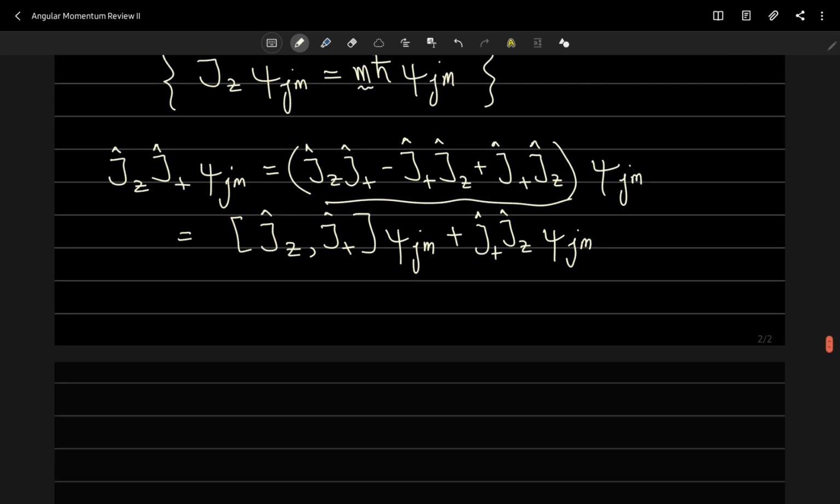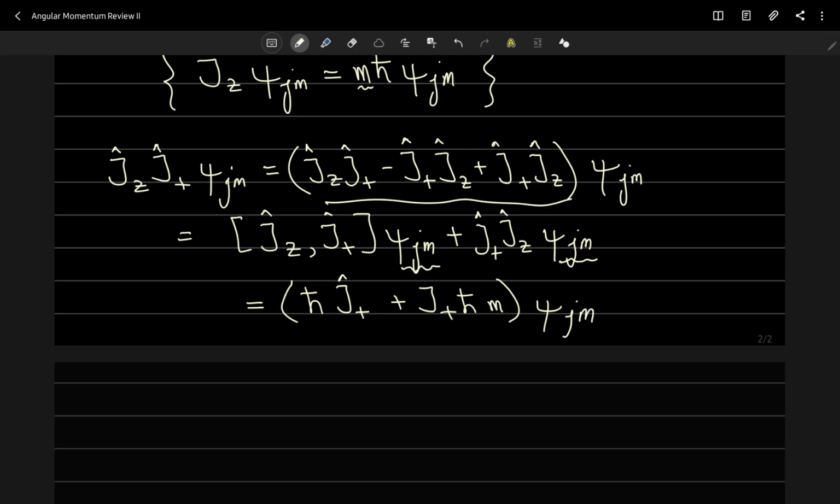Now if you look at this equation, we can write this as h bar j plus, acting on these eigenfunctions psi jm. So we would get h bar j plus plus j plus h bar m, and from this we could factor out psi jm.